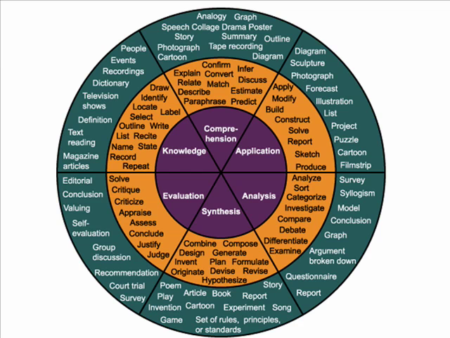And that's, you can see confirm, explain, convert, infer, estimate, predict, paraphrase. And then it goes to application, then analysis, and then synthesis, and then evaluation. So that's the way that the Bloom's taxonomy hierarchy progresses. It's knowledge at the lowest level and evaluation at the highest level.